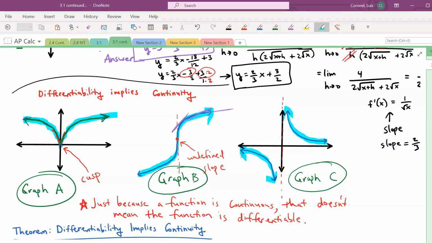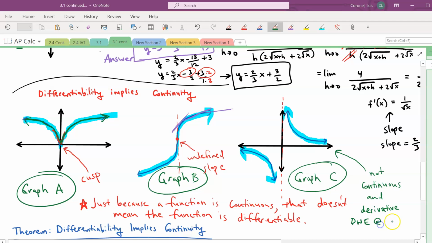In graph C, I would say: not continuous, and the derivative does not exist at x equals 0. We have an asymptote. We don't know what the derivative is at x equals 0.